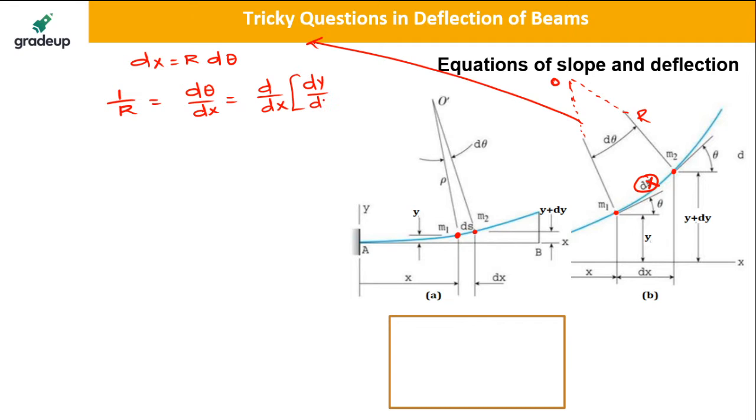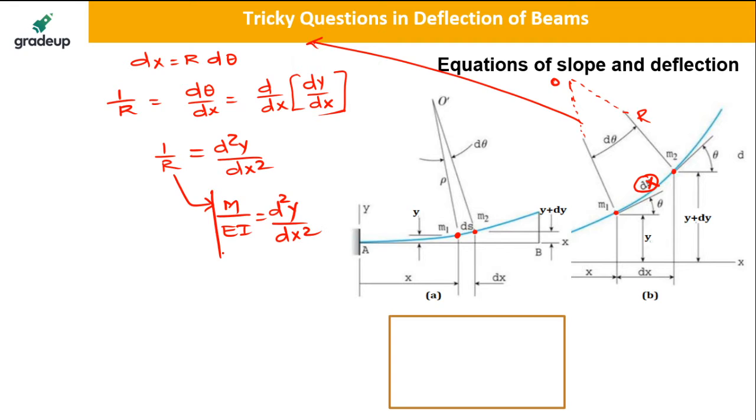Is it clear now? So my dear friends, from this I can say that 1 upon r is equal to d square y by dx square. I also know that this is equal to m upon ei, so m upon ei is equal to d square y by dx square, the generalized formula to find out the deflection and the slope.